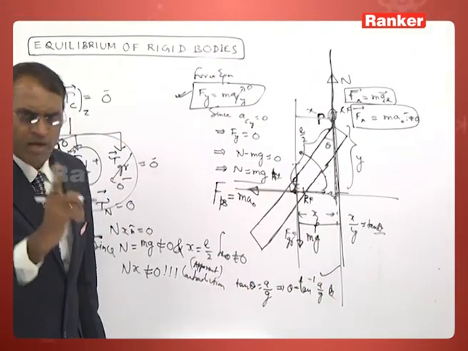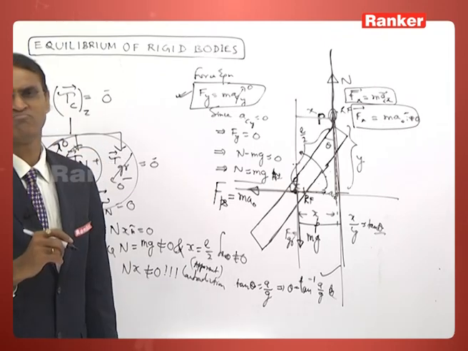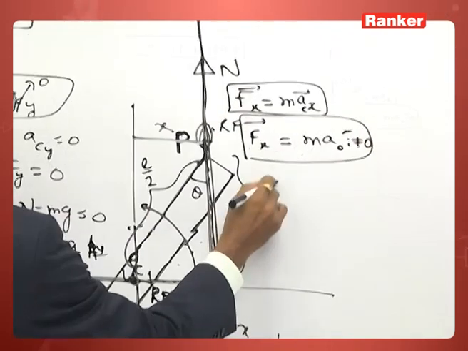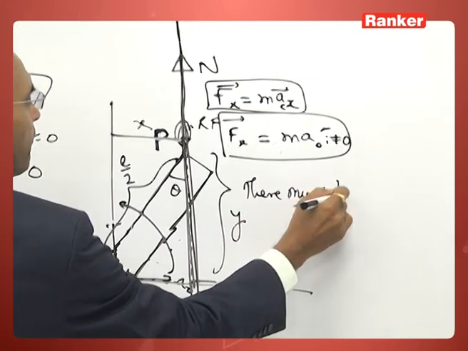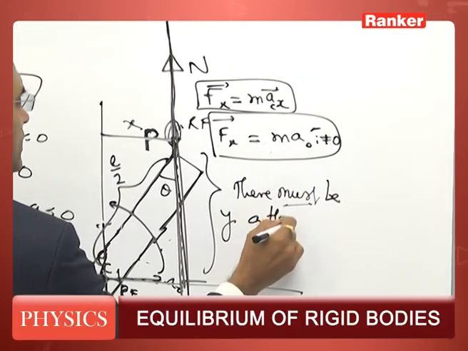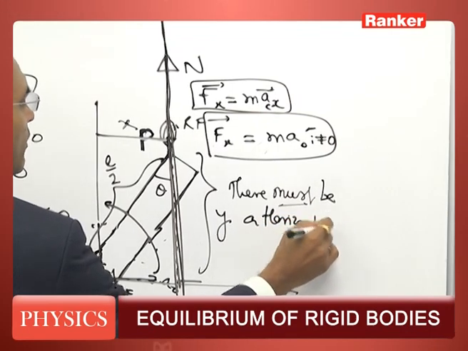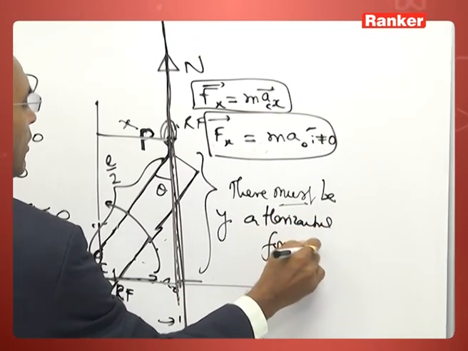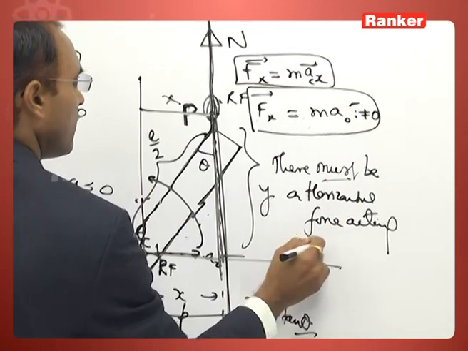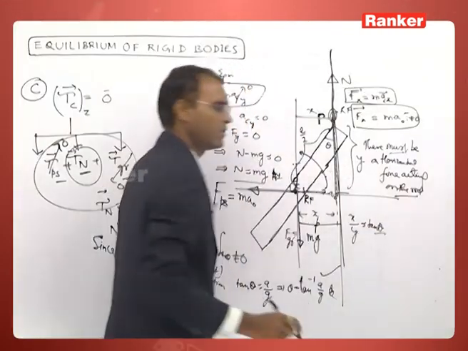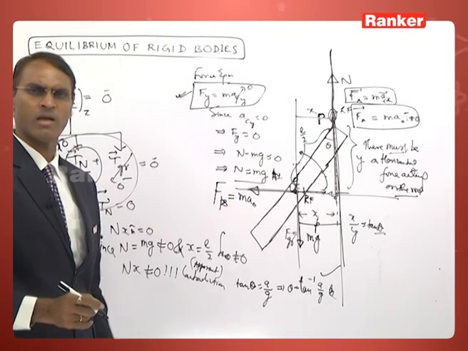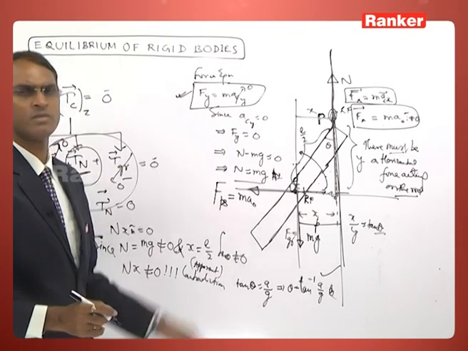So, there must be a horizontal force acting on the rod. What we have not shown in the free body diagram, we have to show it.